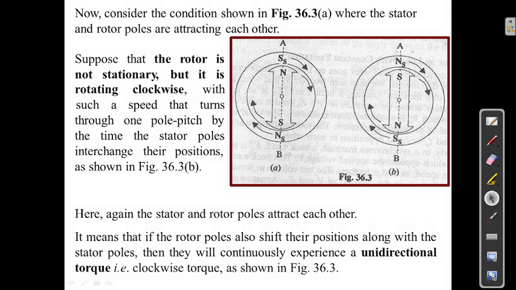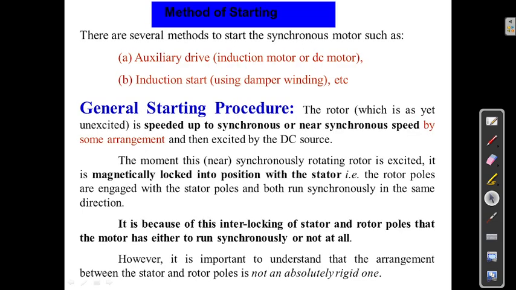If the rotor is also rotating, then it will get continuous rotation. Then there are two methods of starting a synchronous motor, but we are going to see about the auxiliary drive and induction start.